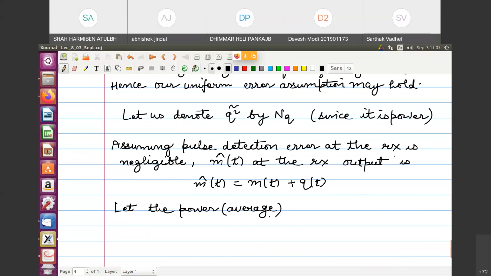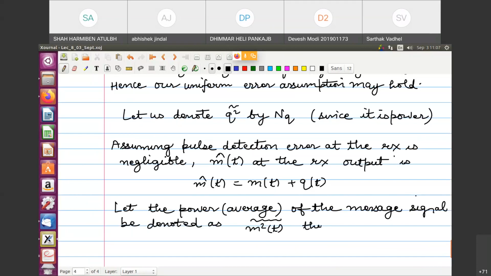So this you must know what it is. The power of the message signal will be denoted, so we are using the same way.